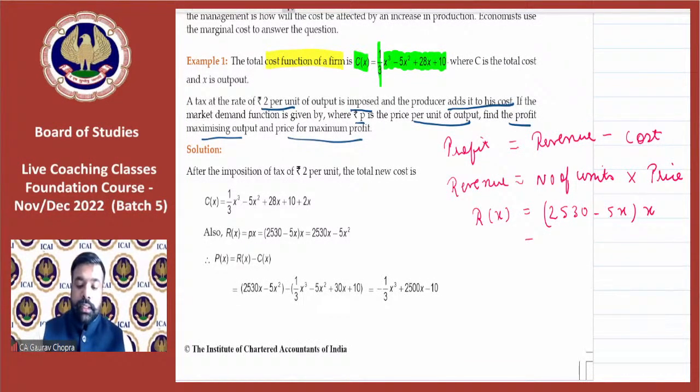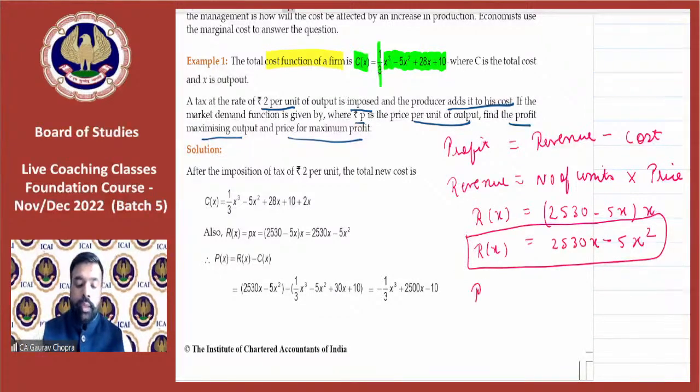So this is the revenue, and the price will be given in the question. After simplifying, what we are getting is 2530x minus 5x square. This is basically the revenue.